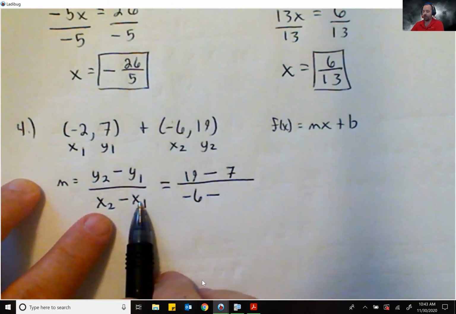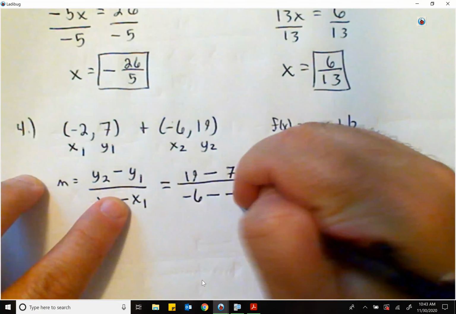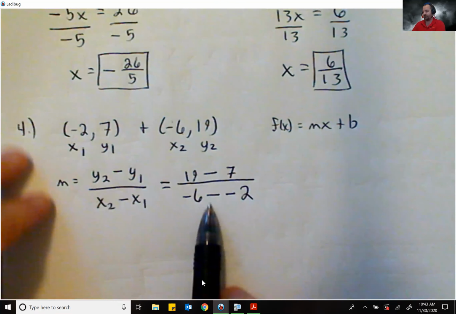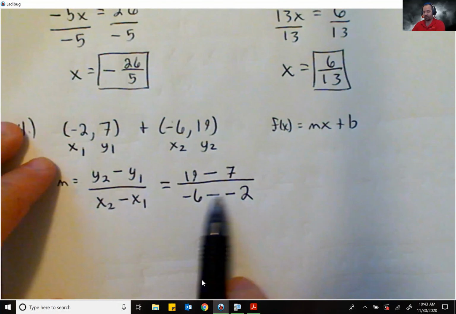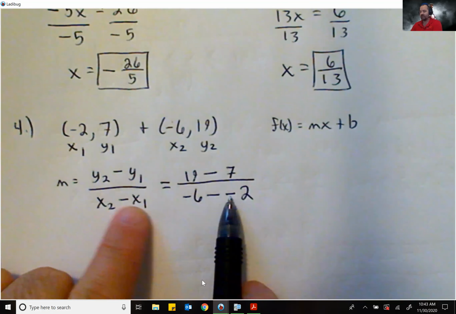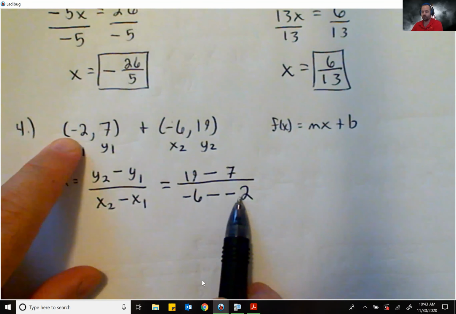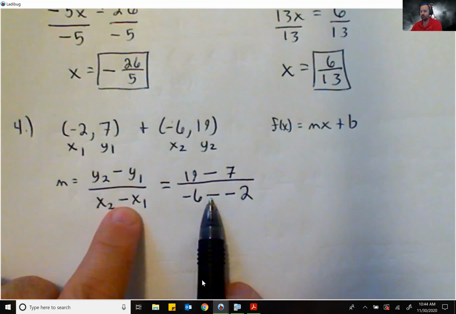And what's our x1? -2. Yeah, so you need both of these. This one is from the formula right here. This one is because of my number. Both of them get written down. Formula, number.